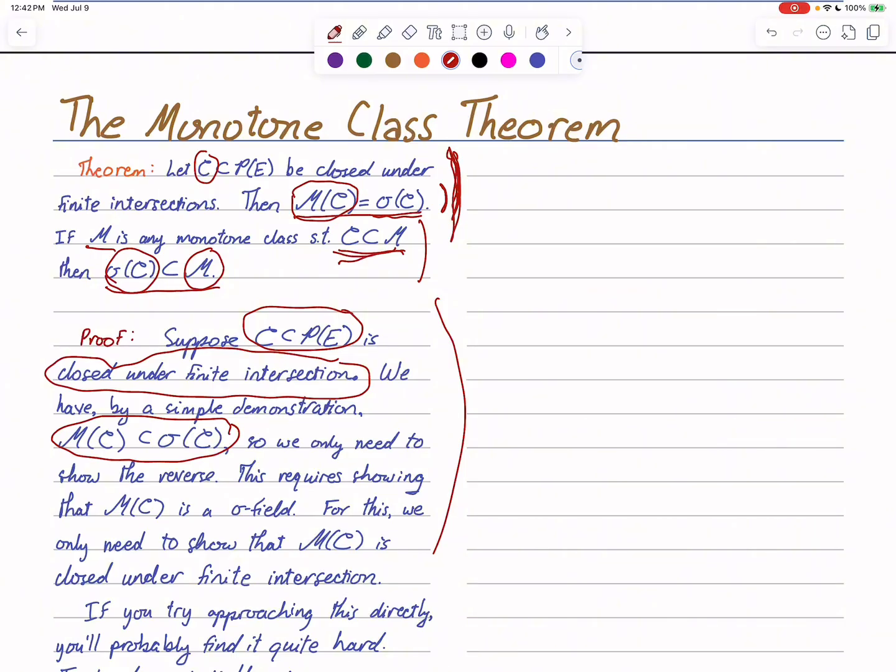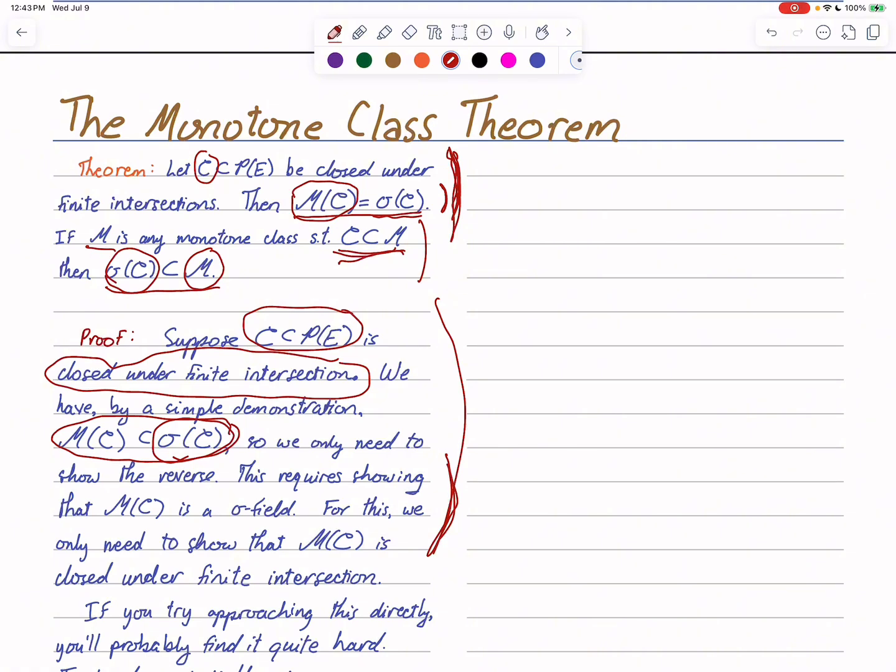And it turns out that in showing the reverse, we can just show that the monotone class is a sigma field, because if it is a sigma field, then it must contain the smallest sigma field that contains the class C. So we just need to show that this monotone class generated by C is a sigma field under this assumption.